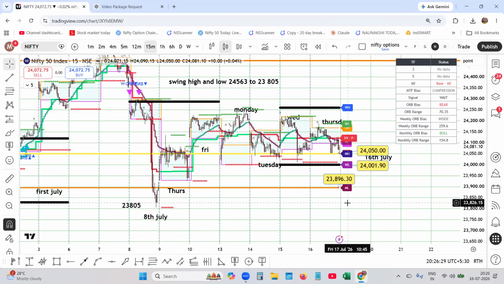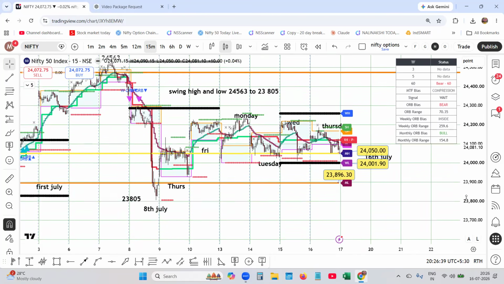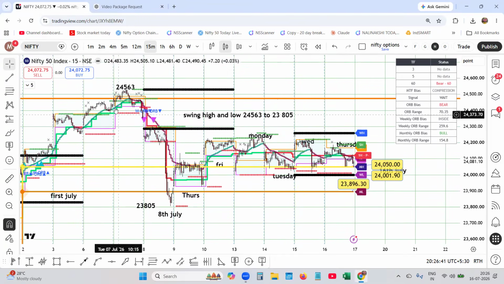The liquidity sweep, only if they come to this level, big money will become profitable. So if I see the swing high in this month, July month, Tuesday 7th, market made 24,563, and on 8th July, it was low.